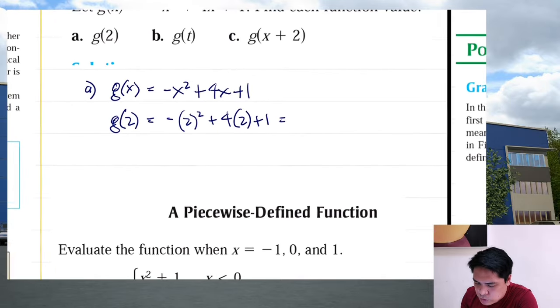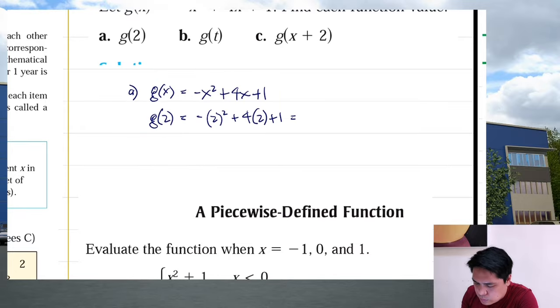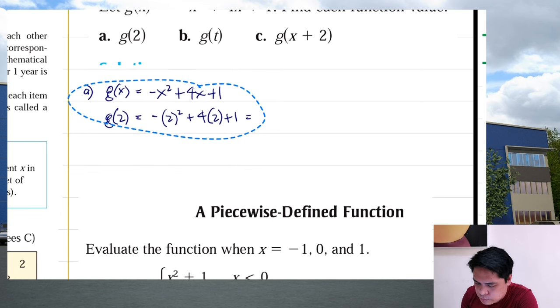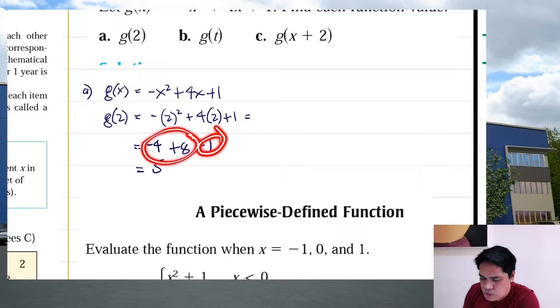That would become negative 4. By the way, what we raise to 2 is just the 2. The negative is not included, it is outside. Unless it is written differently, then the negative should be included. But in this case, the negative is outside. So, negative 4 plus 8 plus 1. So, that would be 5. Right? This is 4 plus 1, 5.